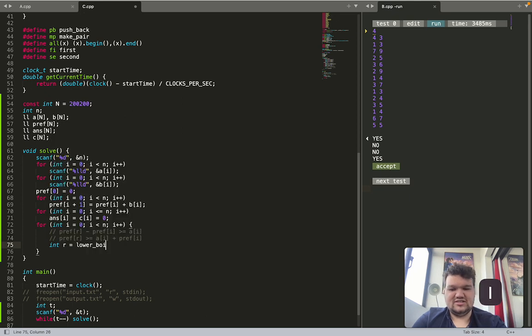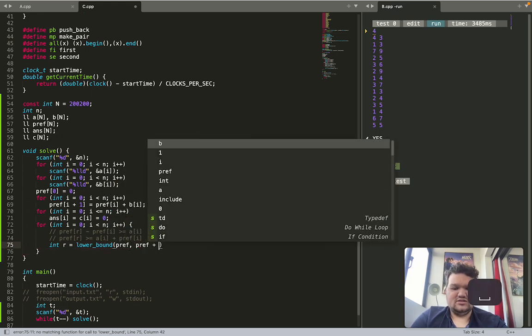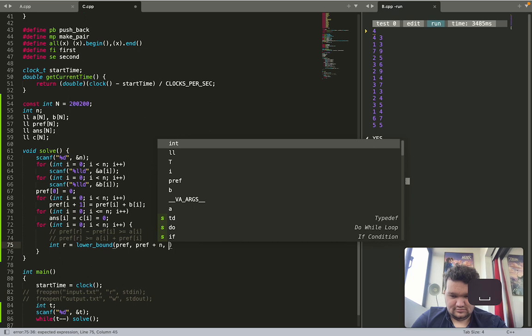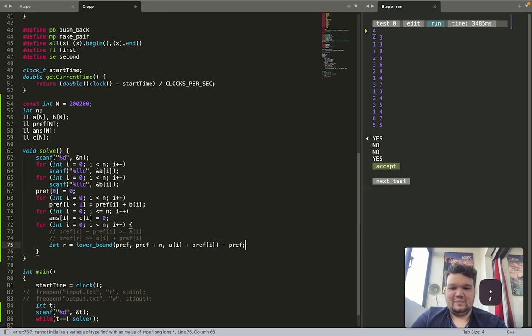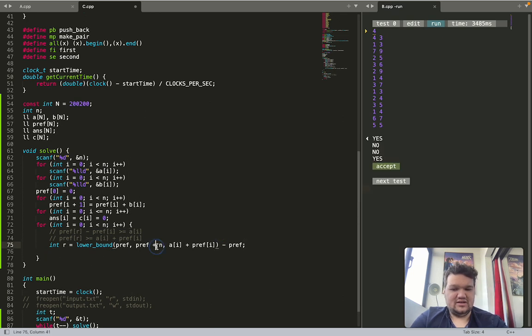We know that prefix sums are non-decreasing because all the values are non-negative. So we want to find the first prefix sum which is at least AI plus pref I. It can be n, which will mean that no prefix sum is good enough.